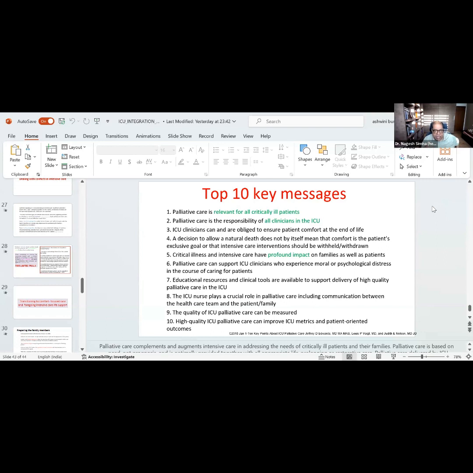As far as the legal status is concerned, and what Raghu just mentioned, it is clear that if there is a decision to withdraw life support treatment, there will be two committees. The primary committee will consist of 3 clinicians, including the primary clinician.